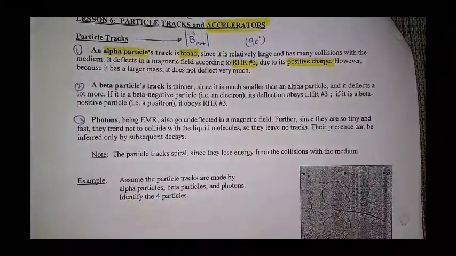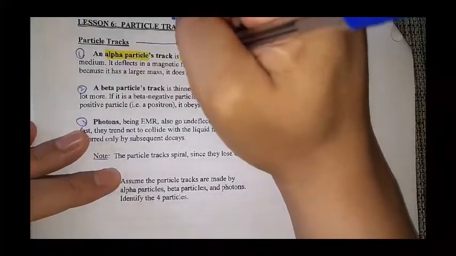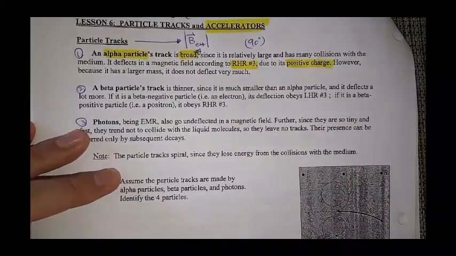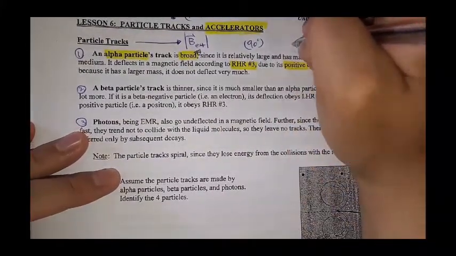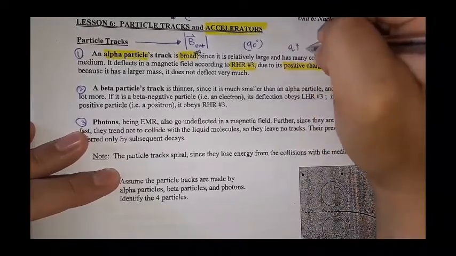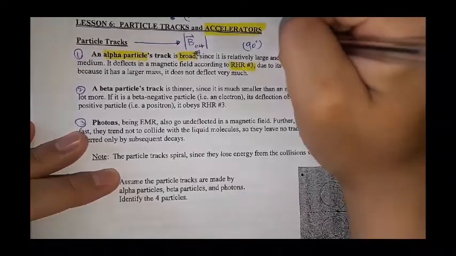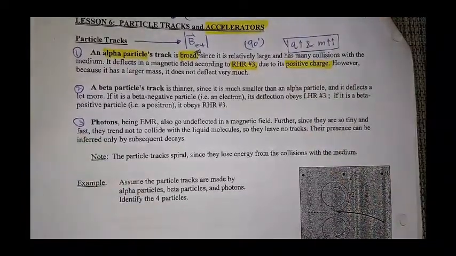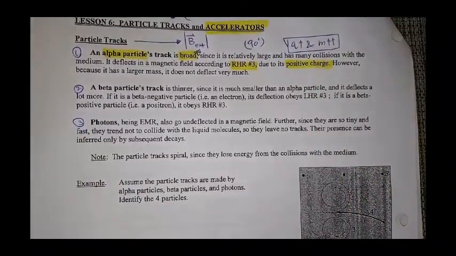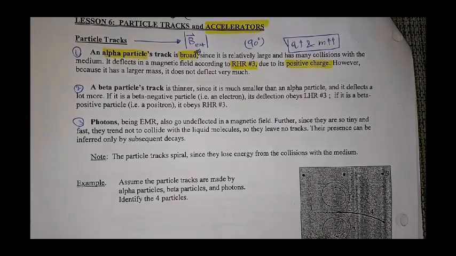This broad one is what I want to emphasize a bit. The reason for that is because alpha particle have not only high Q, but also have quite large mass. So no wonder it takes longer time to make a circle. So that's why it's actually quite bigger circle. So alpha particle track is broad.